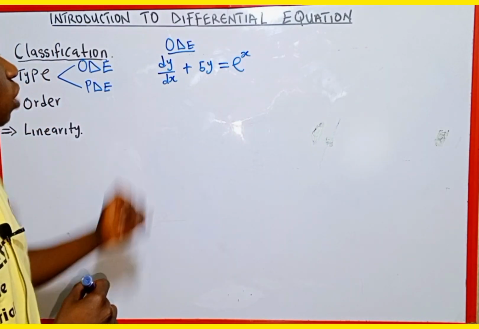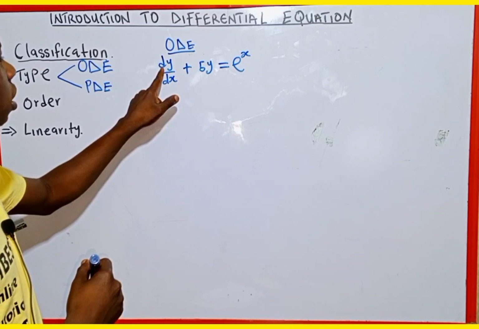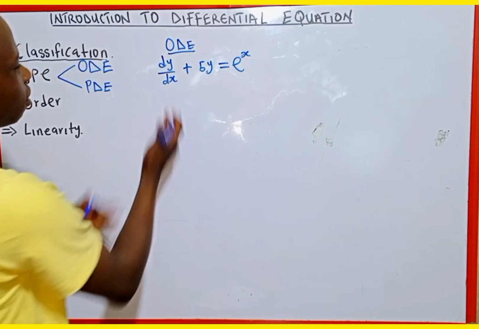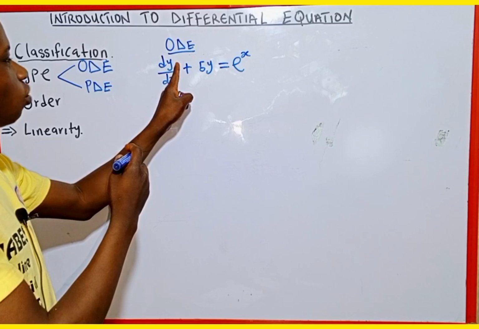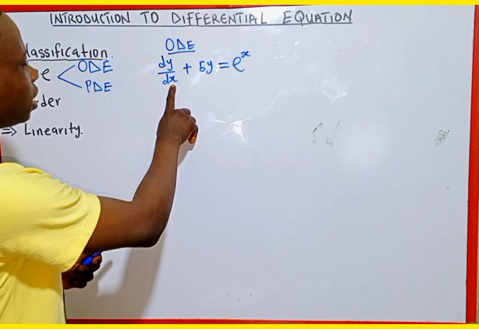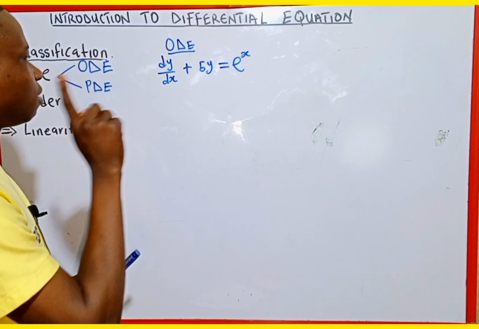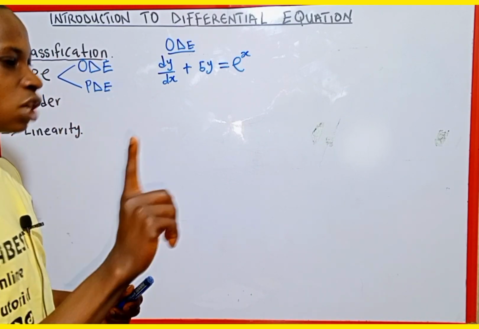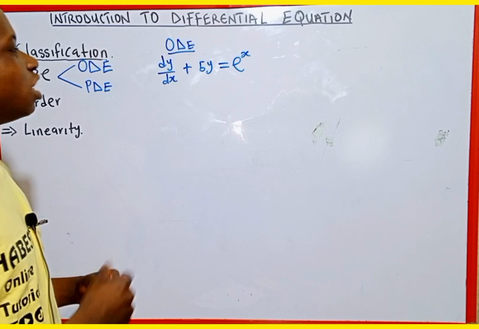If you look at this equation, y is the dependent variable because we are differentiating y with respect to x, and the independent variable is x. The independent variable must be single in an ordinary differential equation.